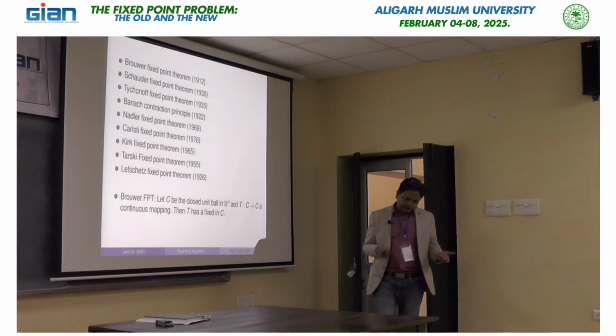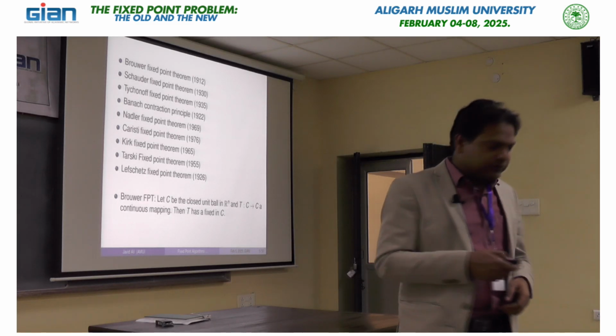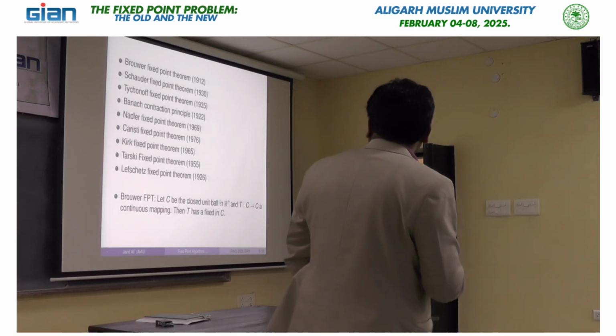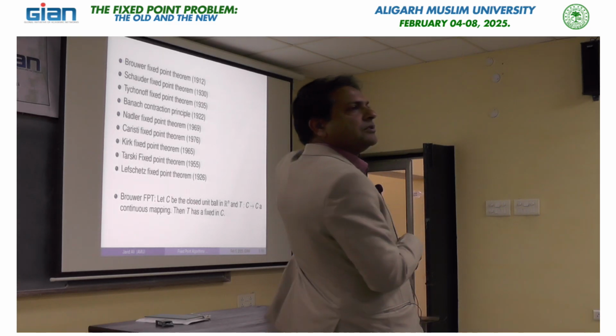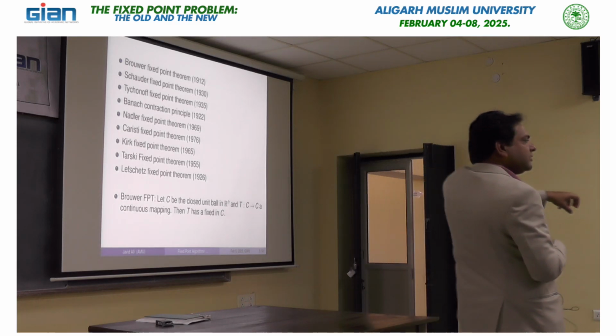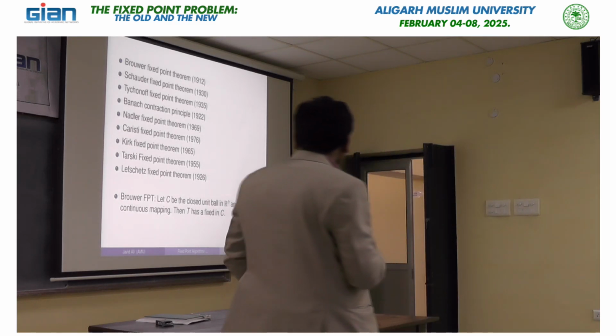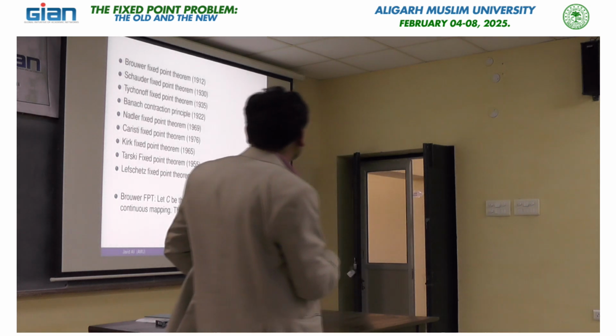This is a very natural result, and here the result is for continuous maps, because in metric fixed point theory we have conditions such as contraction, contractive, non-expansive. So here the class of maps is in general very large, that is, continuous operators.